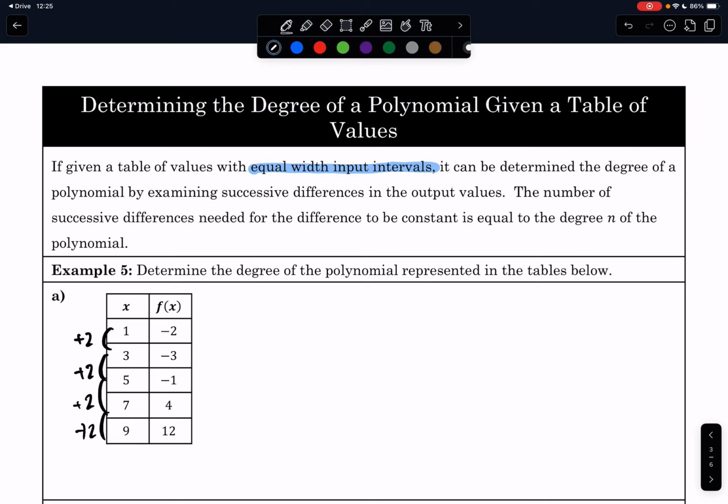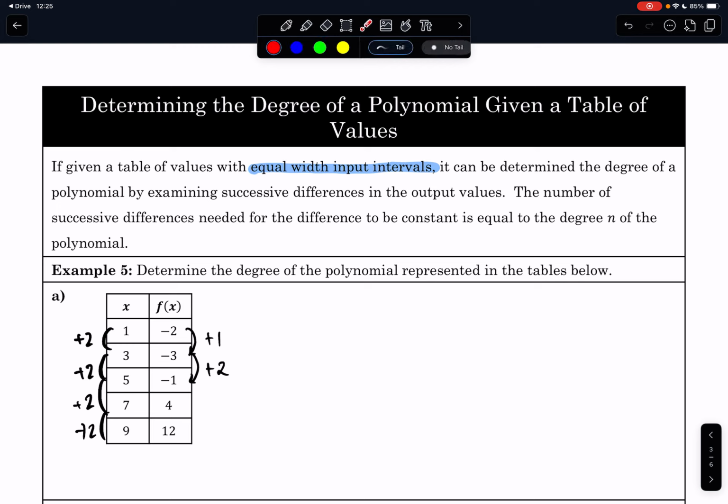So let's look at this example, example A. So to figure out the difference from -2 to 3, we're going to just simply subtract in the opposite order of my arrows. Negative 3 minus 2, that's a difference of plus 1. To figure out the difference from negative 3 to negative 1, I simply subtract in the opposite order of my arrow. Negative 1 minus negative 3, that's a difference of plus 2.